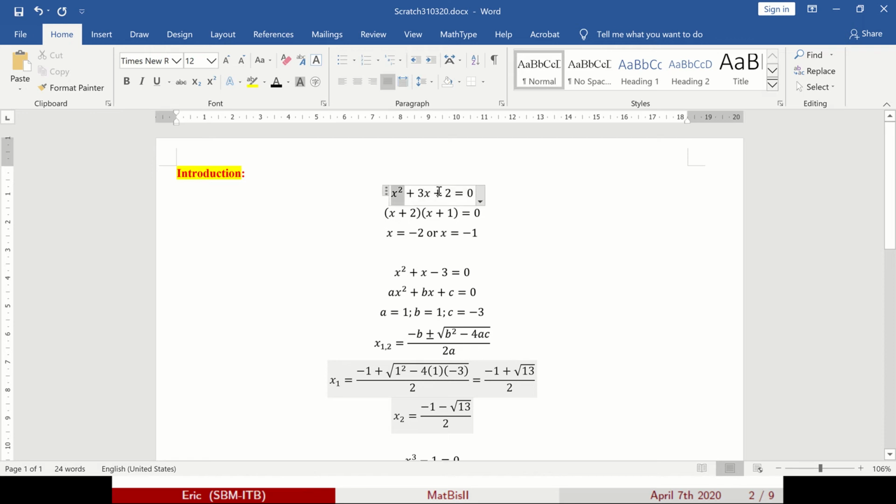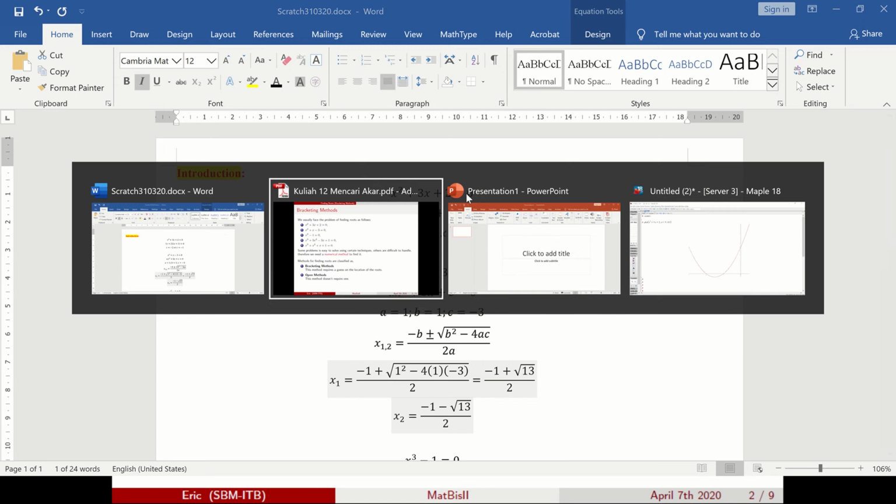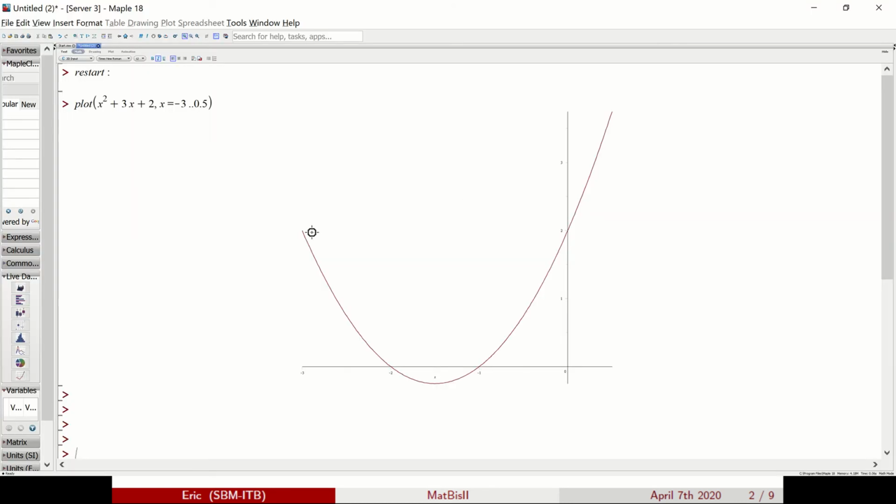Geometrically, if we want to find the roots of x squared plus 3x plus 2, we are finding the x-intercepts. This is the graph of x squared plus 3x plus 2. It equals 0 at x equals minus 1, which is an x-intercept of the graph, and at minus 2.